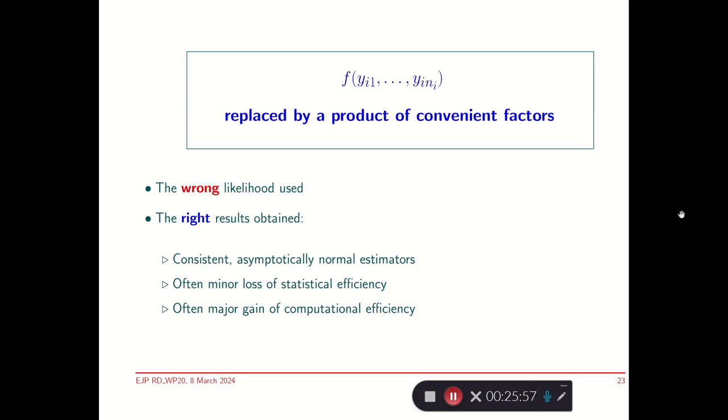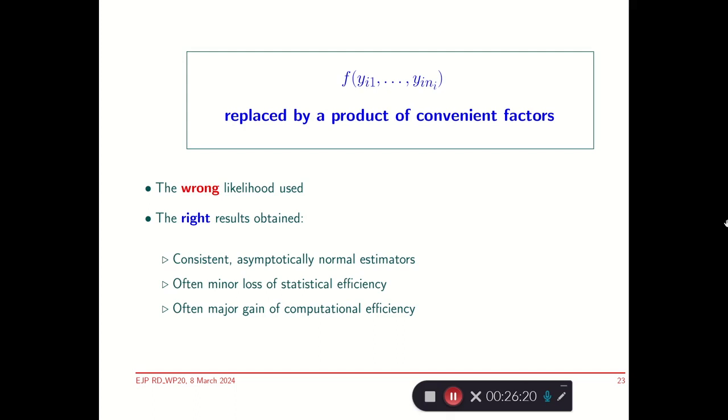Is there no price to pay? Yes, there is a price to pay. I have a consistent estimator. Check, that's good. I have an asymptotically normal estimator. Check, that's good. But the efficiency, that means the standard errors, may suffer a little bit. The standard errors may become a little larger, but a little bit is an important qualification here.